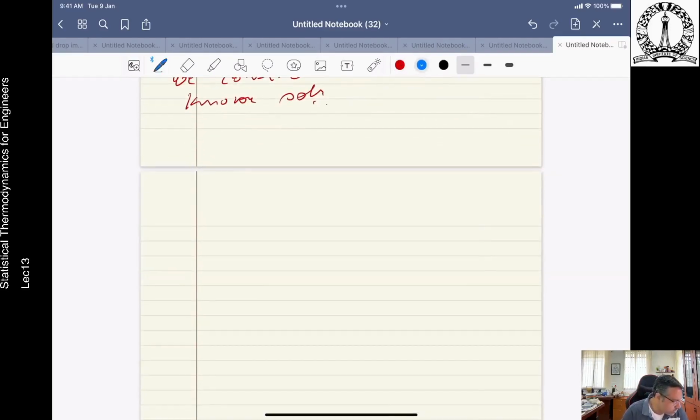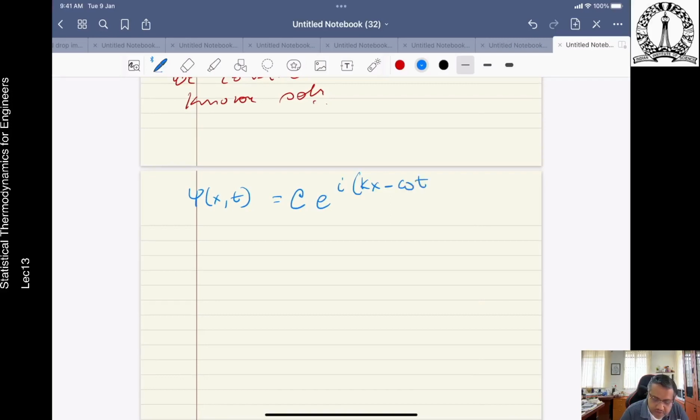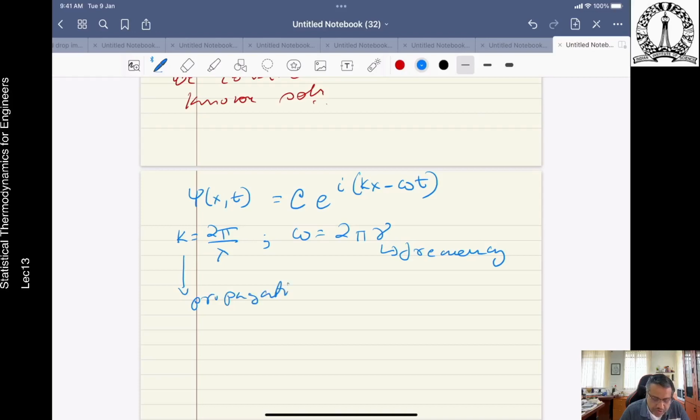That well-known solution is psi(x, t) equal to C e to the power of i(kx minus omega t), where k is equal to 2 pi by lambda and omega is equal to 2 pi times the frequency. This k is like a propagation number.